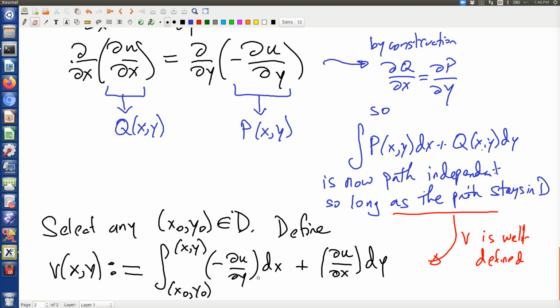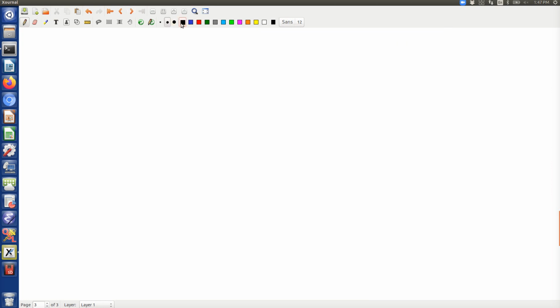Okay, now if I start taking partial derivatives, we see that the claim is that this V is harmonic. So the claim is that V is harmonic.